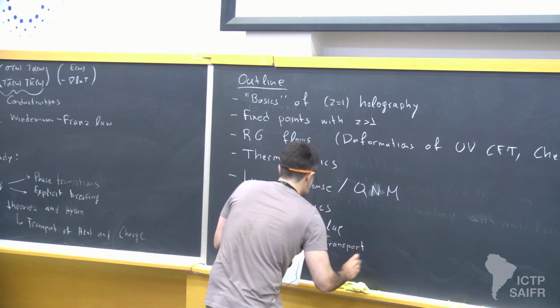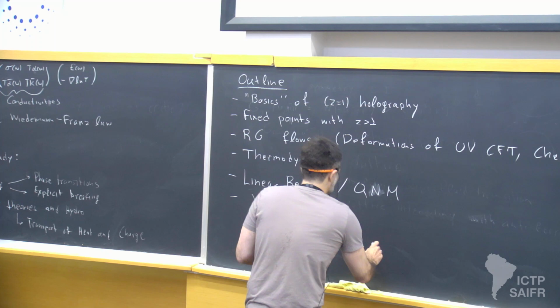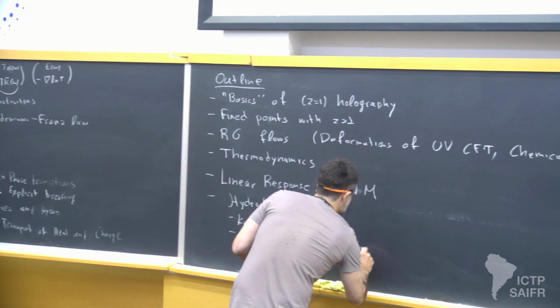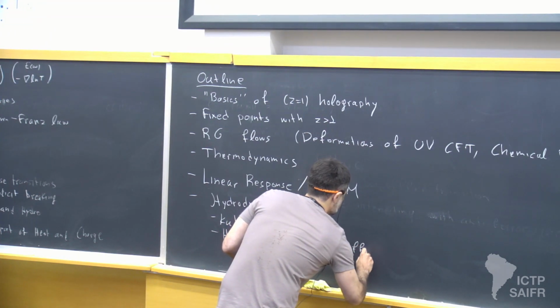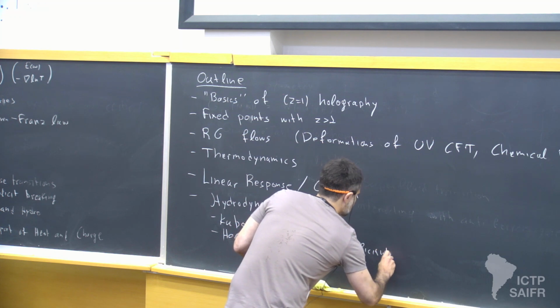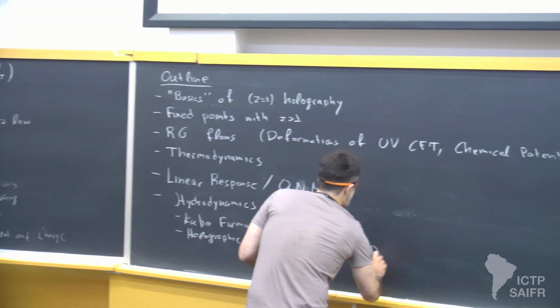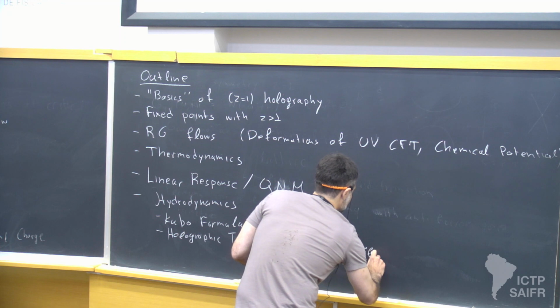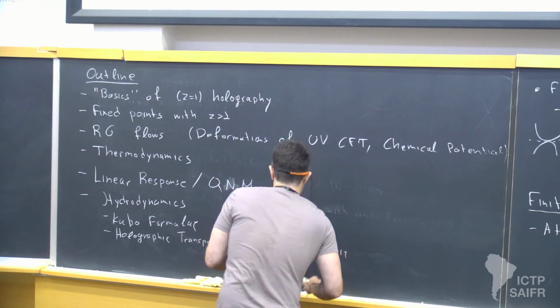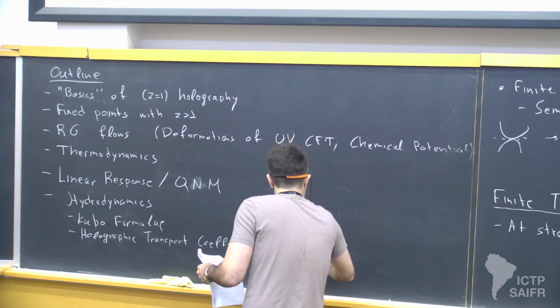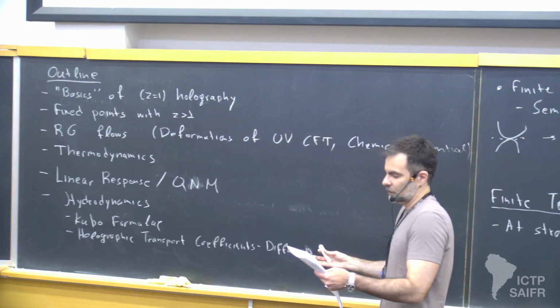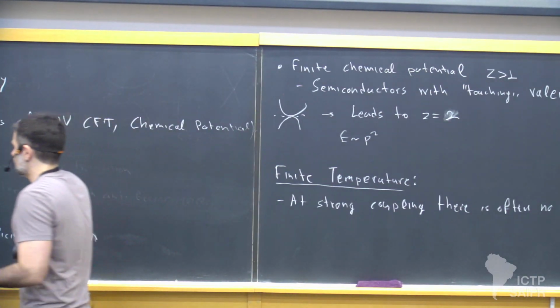I will do the simplest thing possible that you can do in holography. And this is charge diffusion. So first I will describe what diffusion is from the hydrodynamics point of view, and then we will just follow the steps of hydrodynamics and build an effective theory from holography.